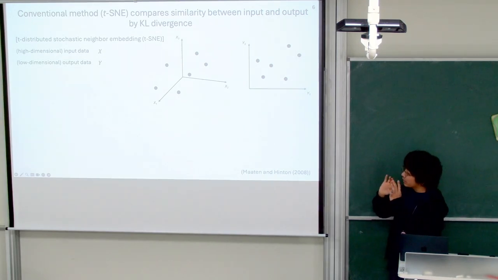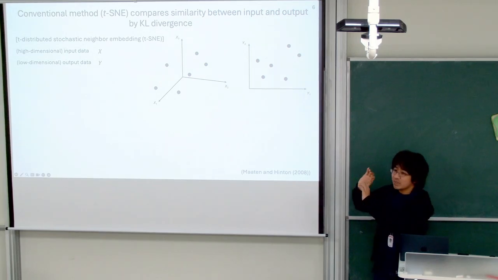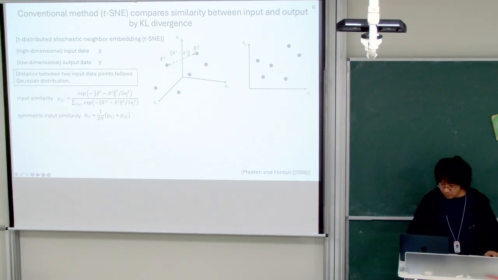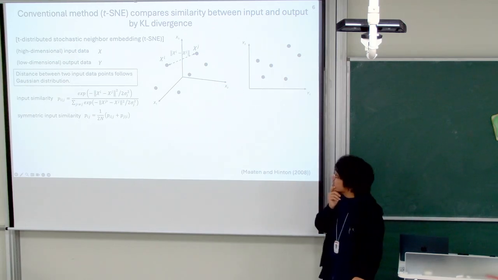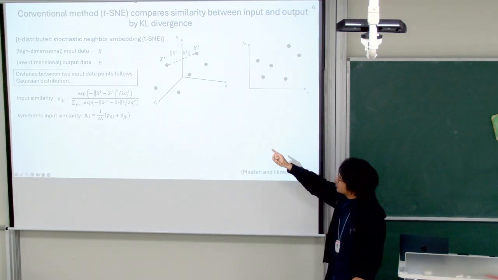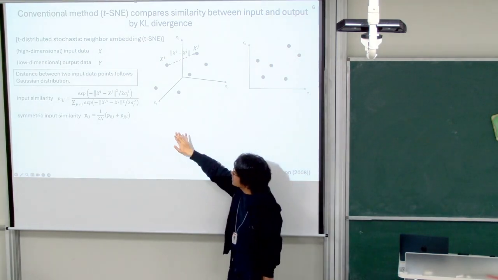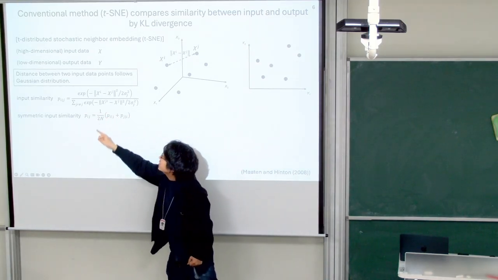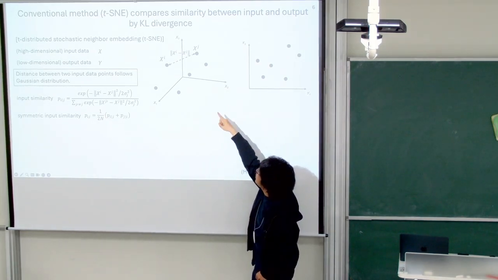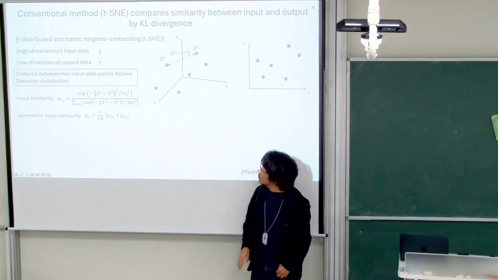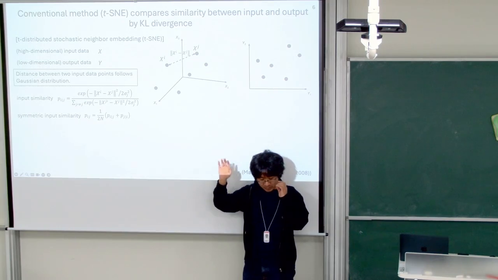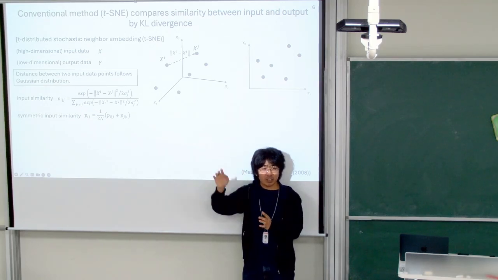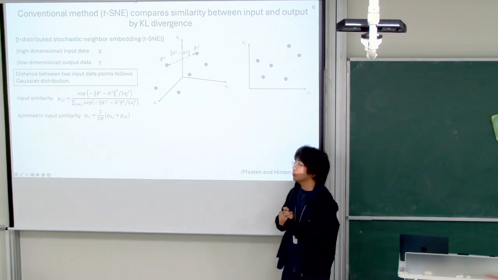And we compare the similarity between input and output. For example, the similarity between input data points is defined as a Gaussian distribution. This graph is the distance between two data points. This method assumes that the distance between two data points follows a Gaussian distribution.